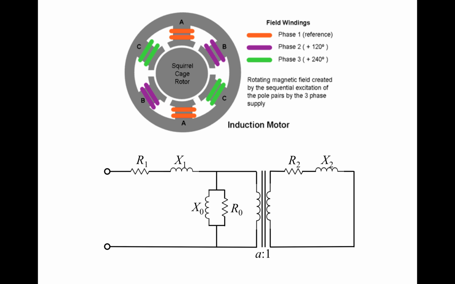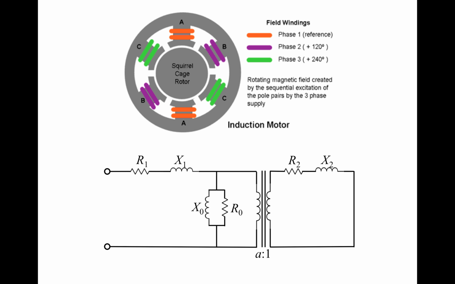Reflected on the equivalent circuit, it means that the magnetizing reactance X0 is smaller in the induction machine than in the transformer. Aside from these differences, there's really no difference between the induction machine and a practical transformer.